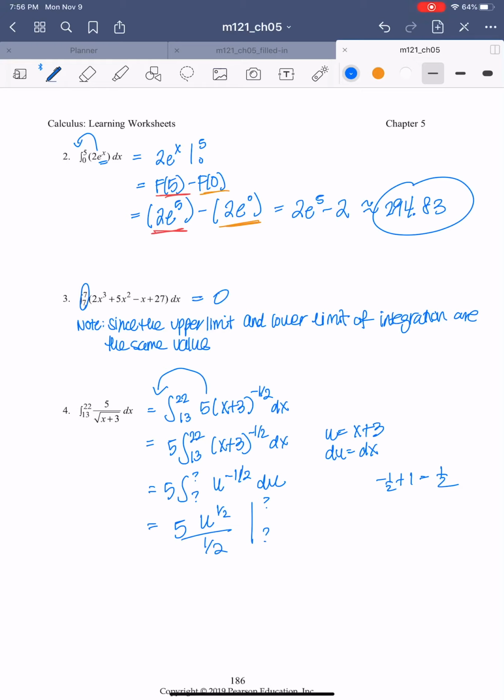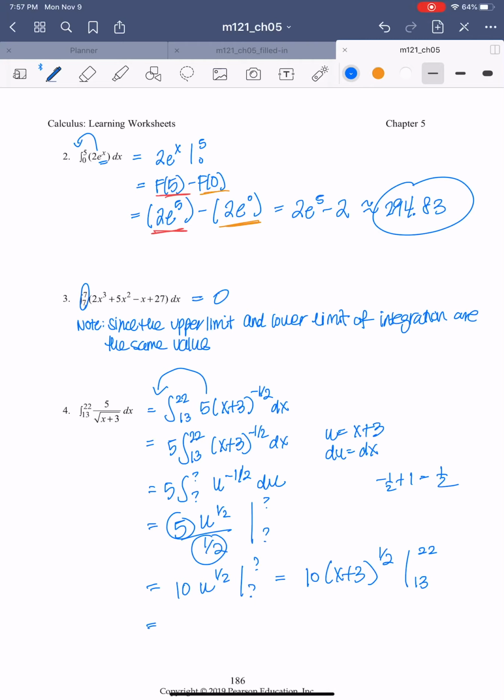I'm gonna substitute back 13 and 22 when I have an x back. So this over here with the bottom will make a 10u to the 1/2. Substituting back, u really is x plus 3. Now I can rewrite 13 and 22 because now I have an x.